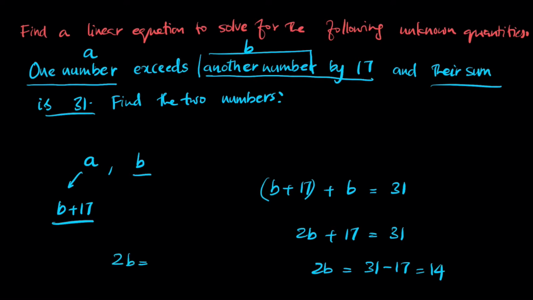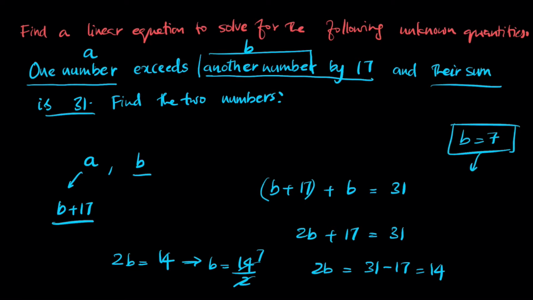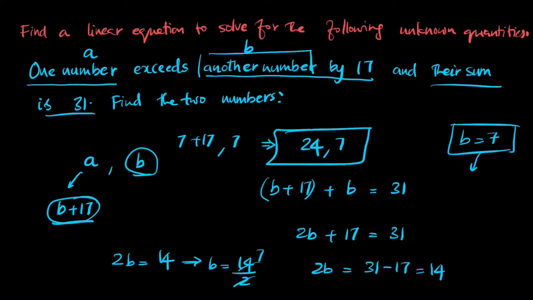So 2b is 14, b becomes 14 by 2, so b becomes 7. Remember that we are finding a and b. Now we know that b is 7. The other number is b plus 17, which is 7 plus 17, so that becomes 24. So 24 and 7 are the two numbers that they asked us in the problem.